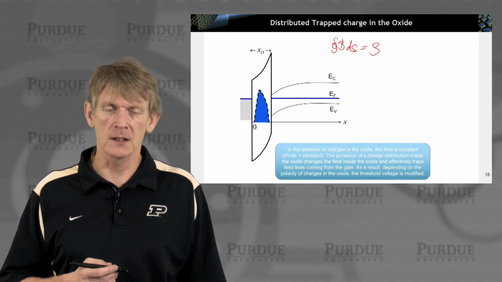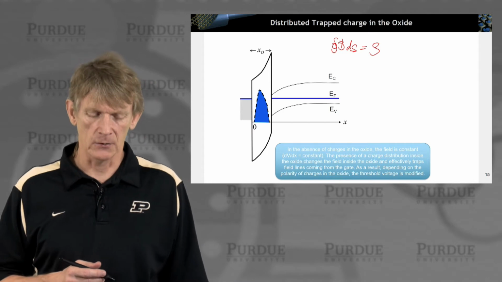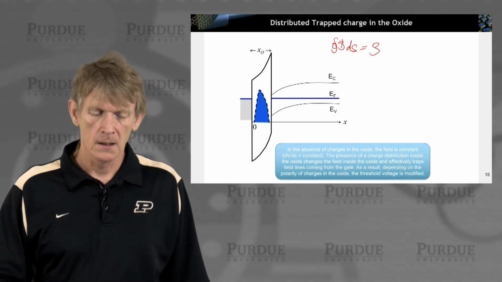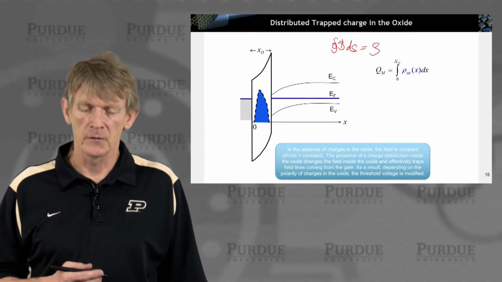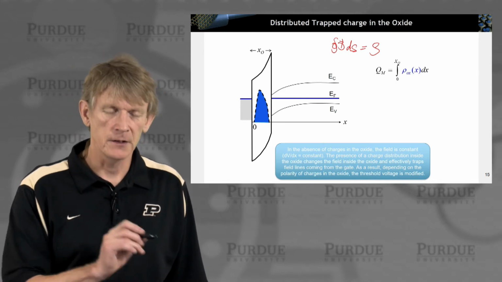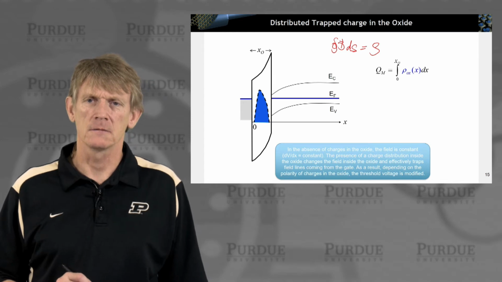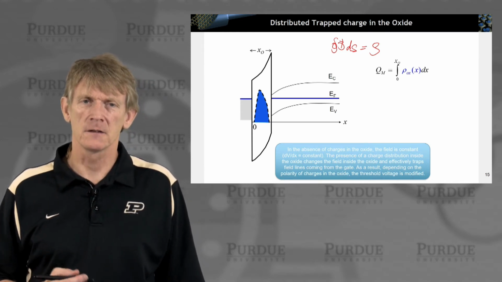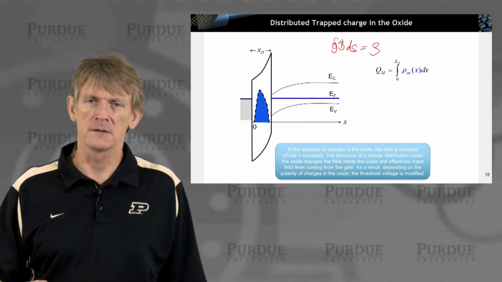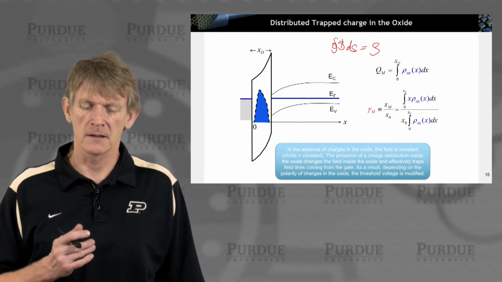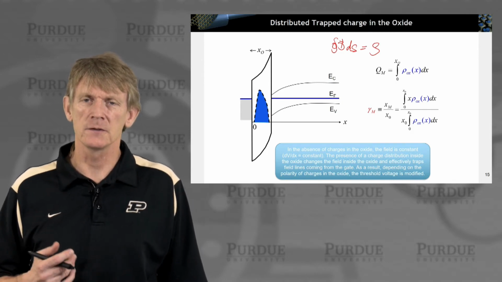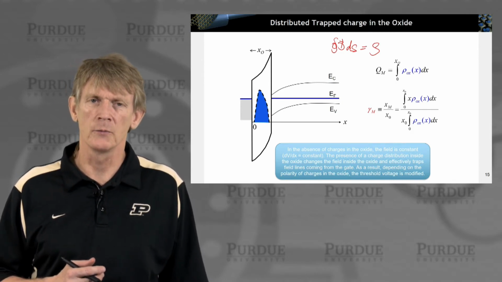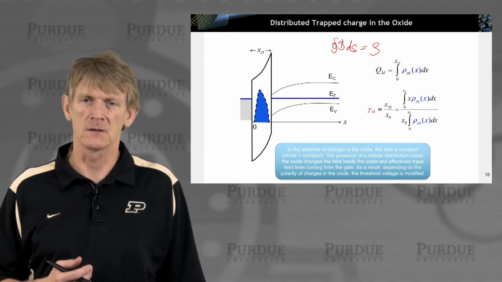So let's consider a charge distribution that might look like this. We can integrate that charge over space, and we would do that here to integrate across the oxide. So you have a charge distribution, a charge density as a function of length throughout the device, and you can calculate that charge. You'll see later in the derivation it is useful to define also the first moment of charge of such a distribution.